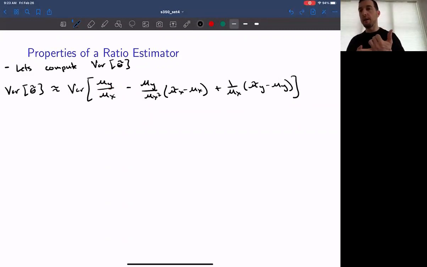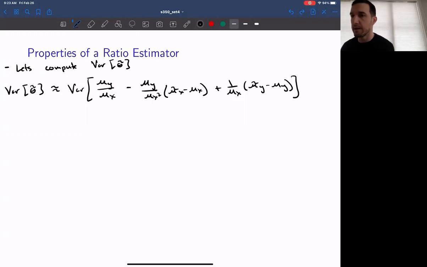Okay, so first, we want the variance of the terms that are actually estimators. So the variance operator is going to apply to the mu tilde x, and it's going to apply to the mu tilde y, because those are the only two variables that are random. So when we compute the variance of the term as we have it written on the slide, the mu y over the mu x, the leading term, is a constant because these are two parameters. So this term is actually just going to fall off of the expression.